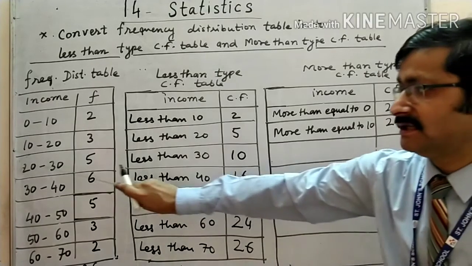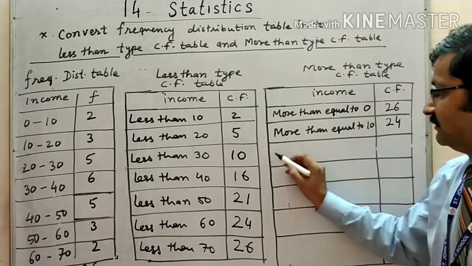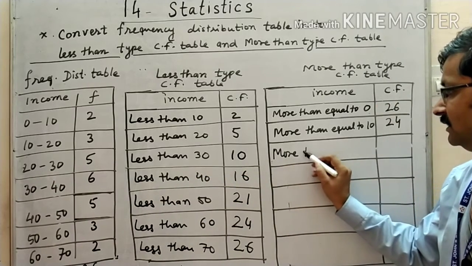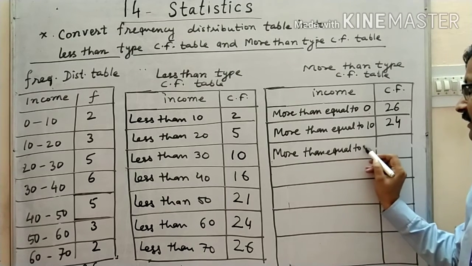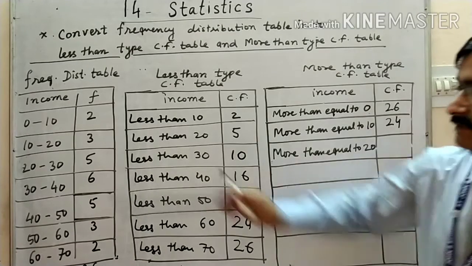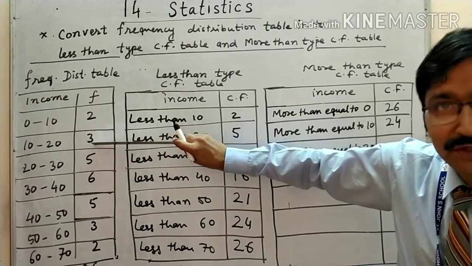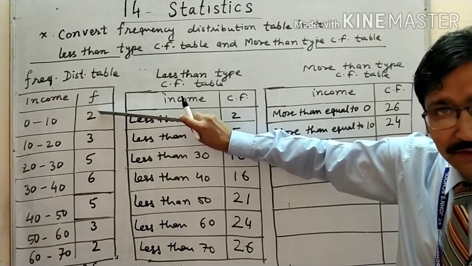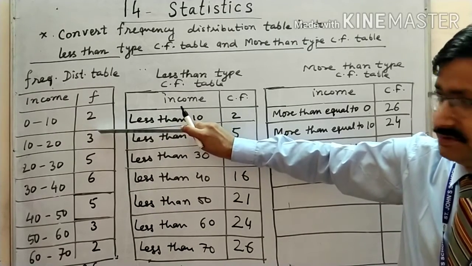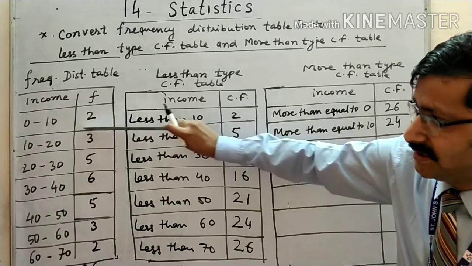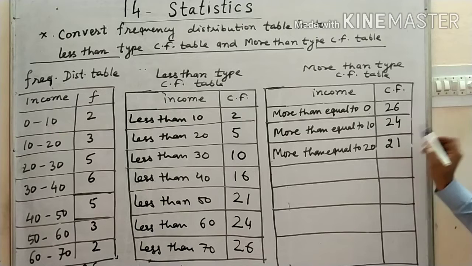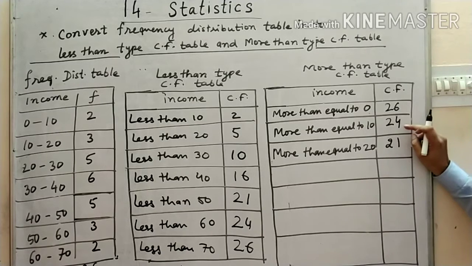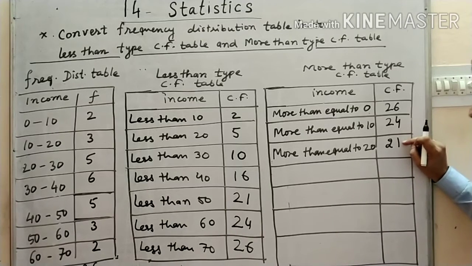More than or equal to 20. More than or equal to 20 means this 3 also we have to remove. 2 we already removed, now 3 also we remove. So we subtract 3 from here. 24 minus 3 is 21.